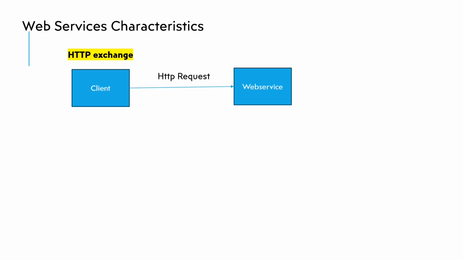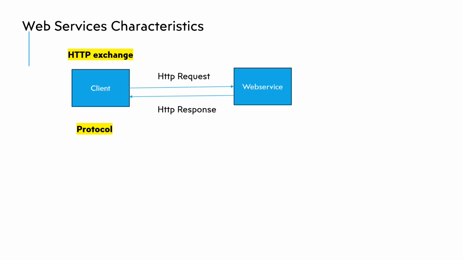Then the web service will process the request, do the required processing, and send back the response in HTTP format. So the first characteristic that comes to mind when we talk about web services is the HTTP exchange. Whatever exchange happens between client and web service is going to use HTTP, right? That is a very strong way to connect the client and web services together.